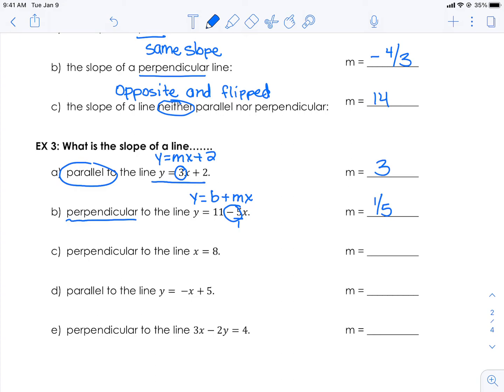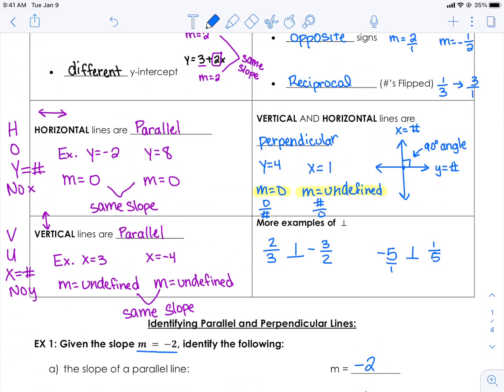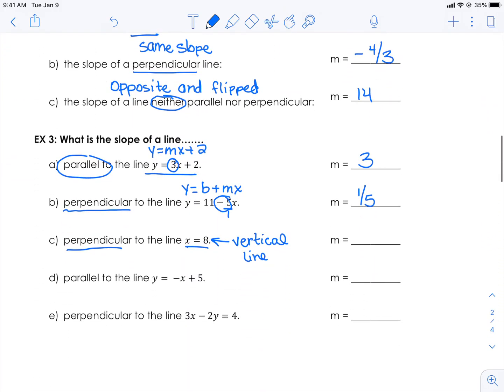Okay, something that is perpendicular to the line x equals 8. Well, remember, this is a vertical line. Okay, and we learned earlier that vertical lines are only perpendicular with horizontal lines. So I just need a horizontal line, which means it has to be y equals a number.